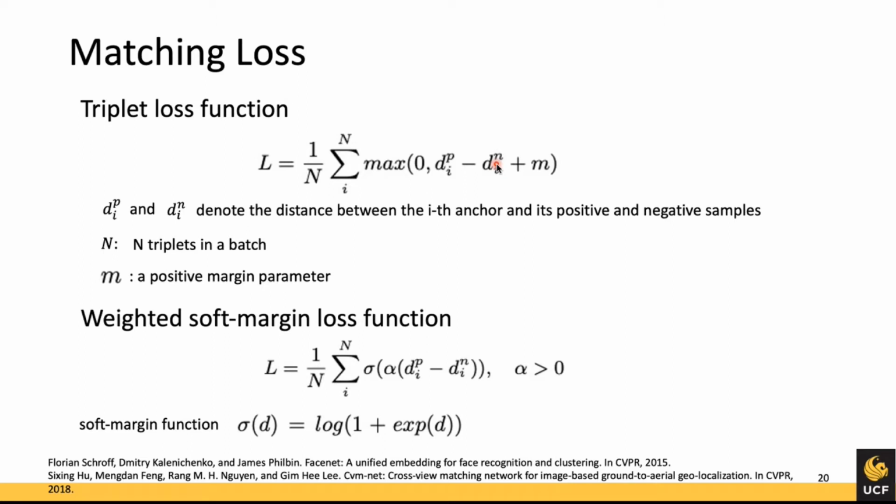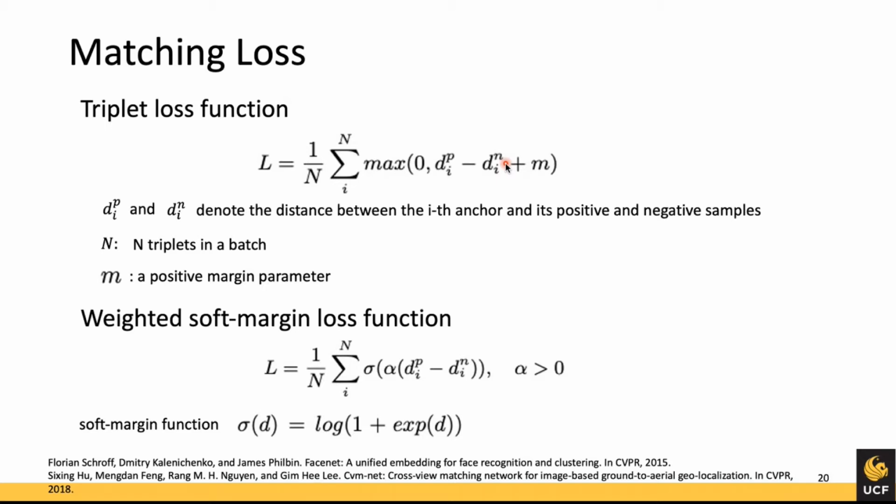If you look at the loss function, if d_ip plus a positive margin is still not greater than the distance of the negative sample, then we don't incur a loss. But if it's not less than the negative distance, we incur a loss because the feature you learned may not be good enough, right?